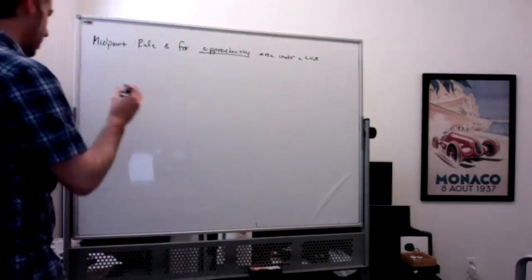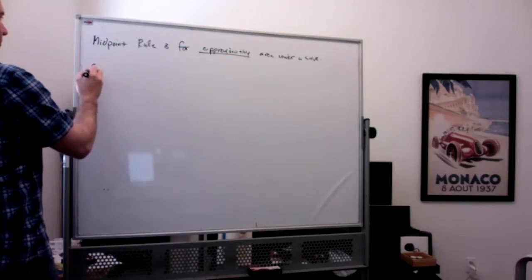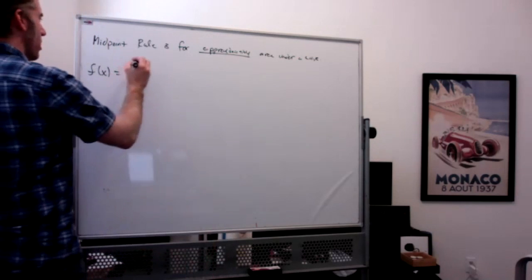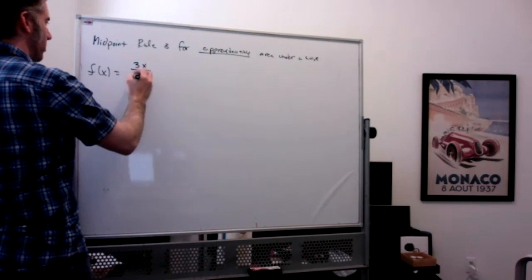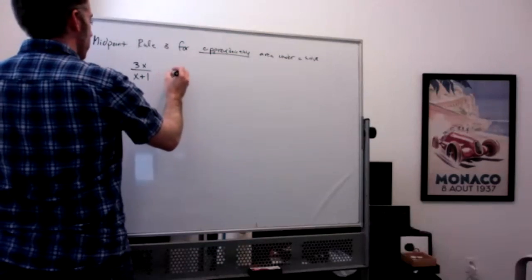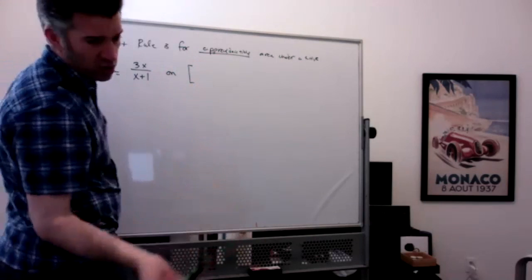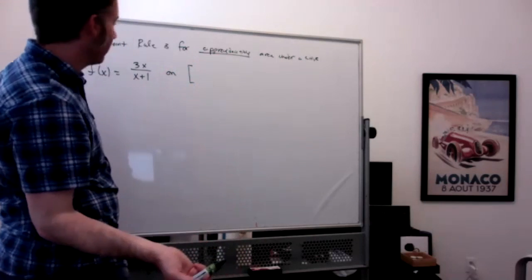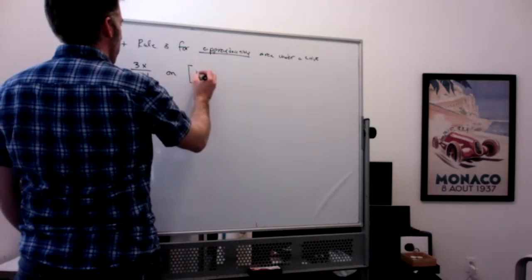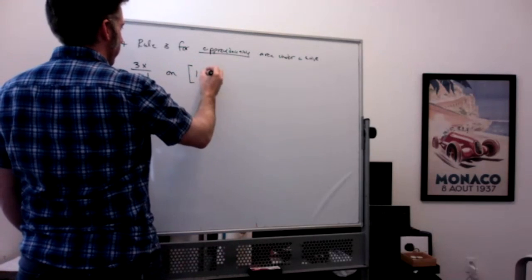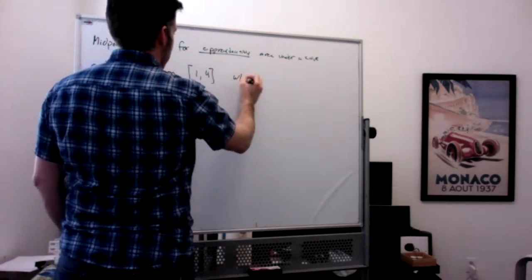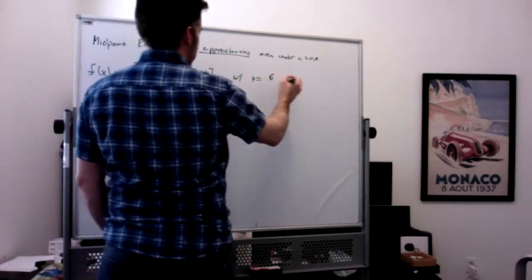Let's say we have this function: f of x equals 3x over x plus 1, on the interval, I'm going to change this up a little bit to make it slightly less terrible. Let's do the integral from 1 to 4 with n equals 6 subintervals.